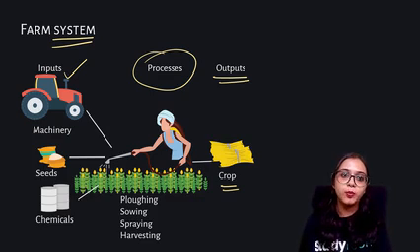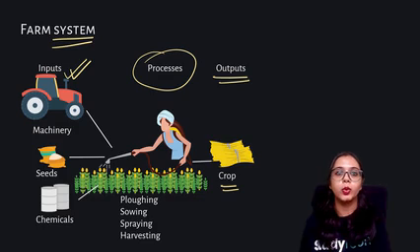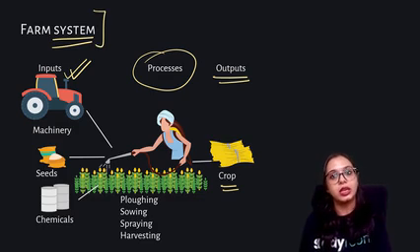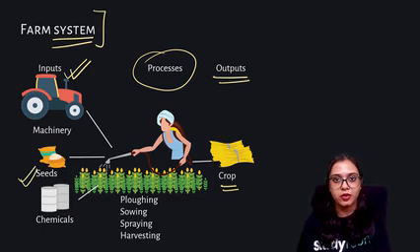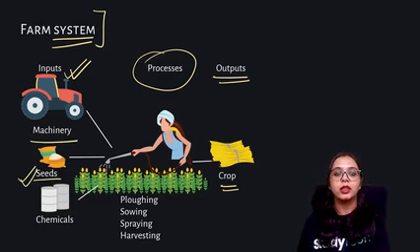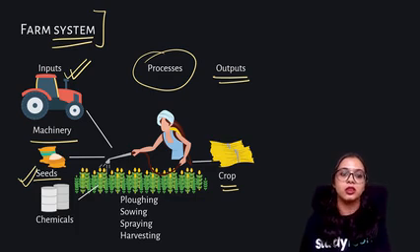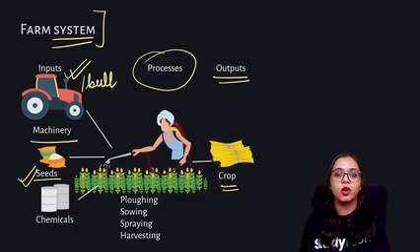The inputs taken into account in a farm system are, first of all, the seeds. The kind of machinery you'll be using, whether a tractor or bullocks, for plowing the fields. Then the chemicals, the fertilizers or pesticides that you will be using.